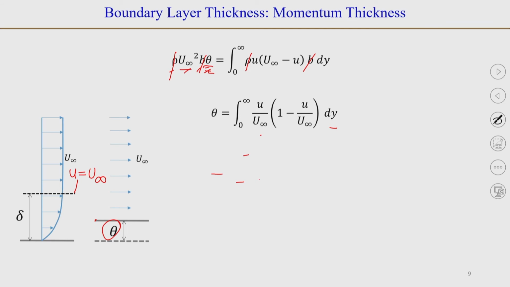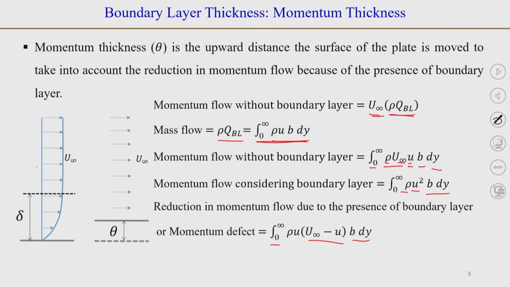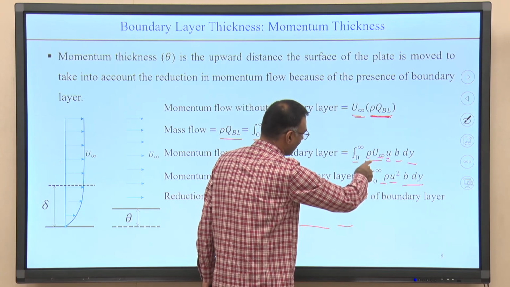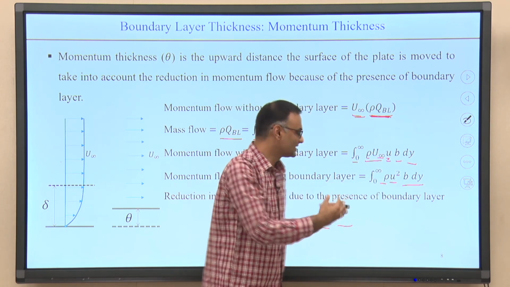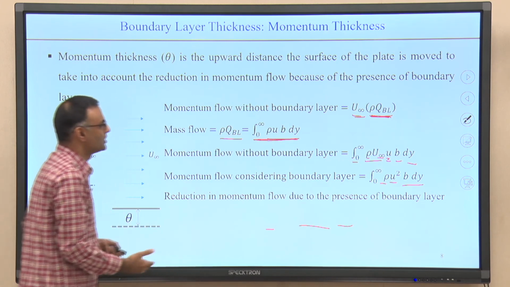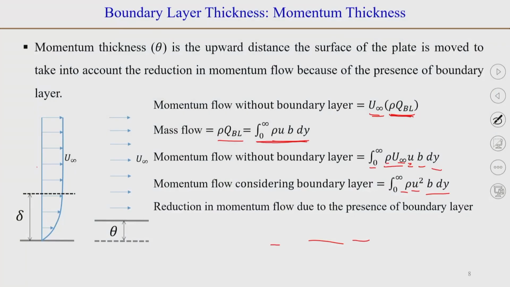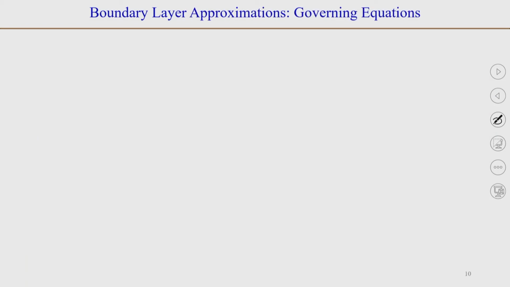The important point to note is that when we consider this mass flow, it is not rho u infinity squared b dy, it is rho u infinity u b dy, and this considers the actual mass flow that is there in the boundary layer. It is only that this mass flow, if it would have been moving with a velocity u infinity.